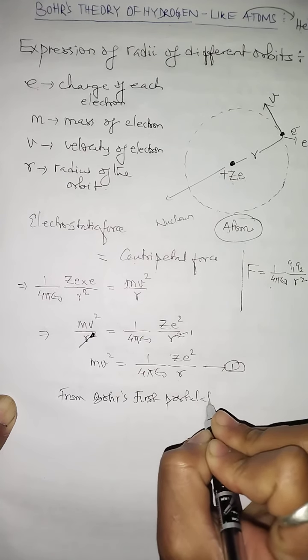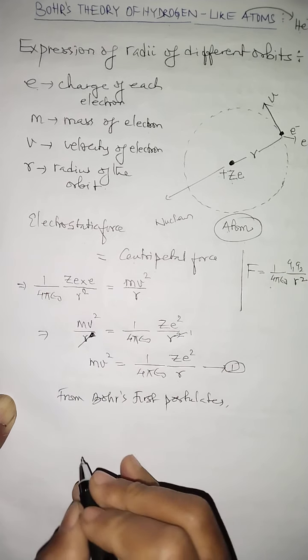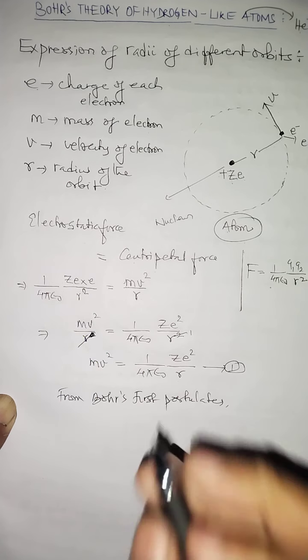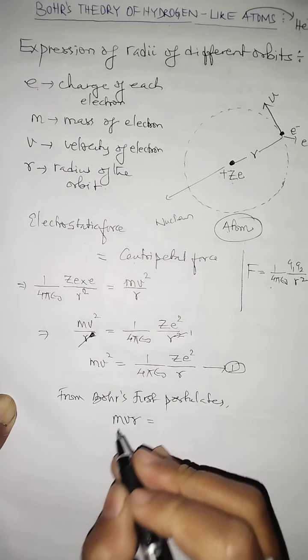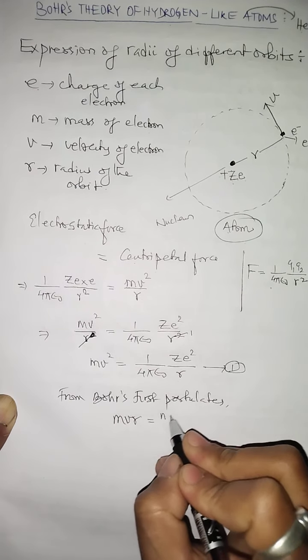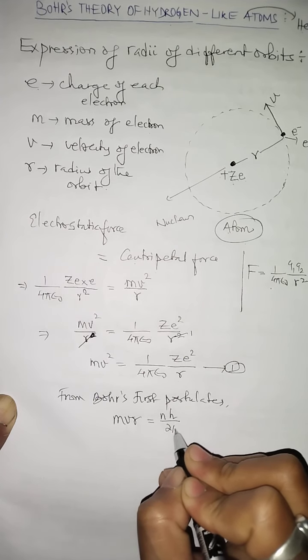We can write the angular momentum of the electron in any orbit as mvr, and that angular momentum mvr equals nh by 2 pi.